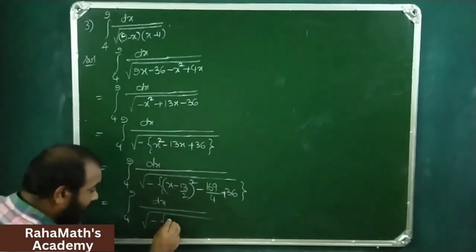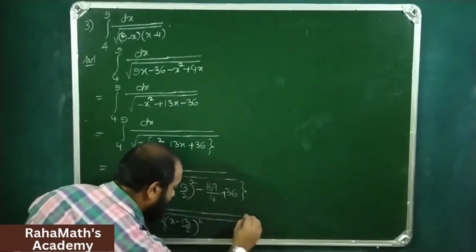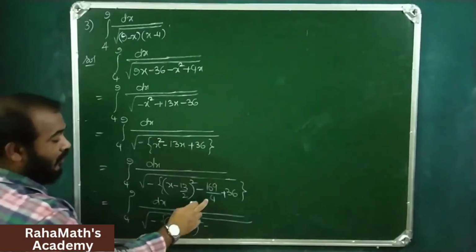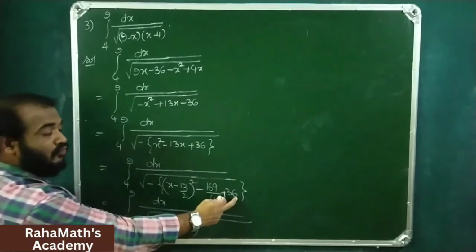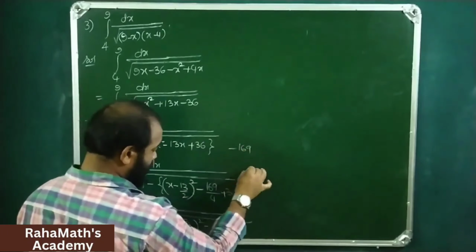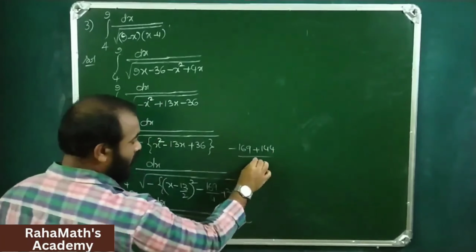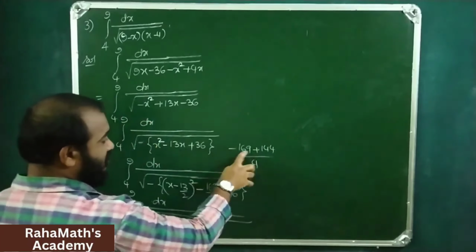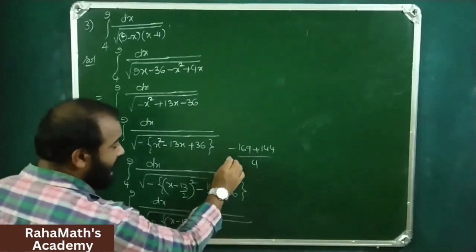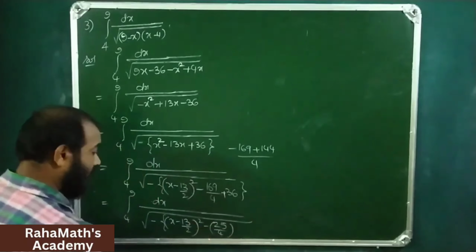Now, x minus 13 by 2 whole square minus, see this here, 4 times 36 is 144, minus 169. 169 plus 144 by 4. How much is this? Minus 169 plus 144, minus 25 by 4. Okay?